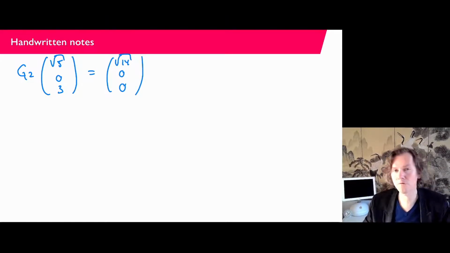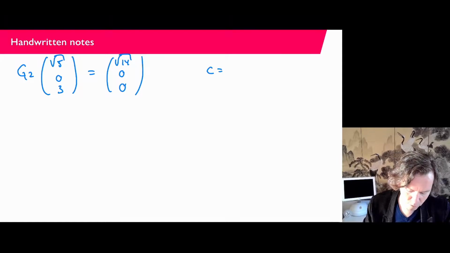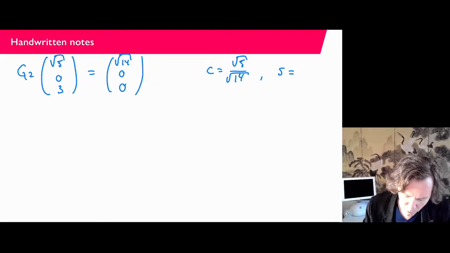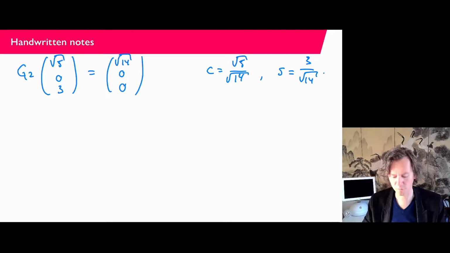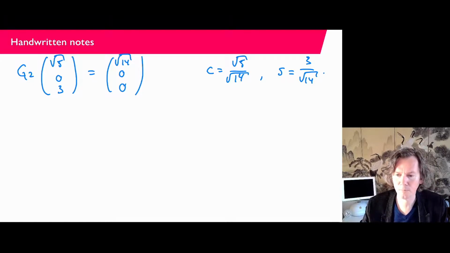Then again you find equations for C and S, and I have computed them: C is the square root of 5 over the square root of 14, and S equals 3 over the square root of 14. Note that C squared is 5 over 14, S squared is 9 over 14, so together they're 1, as it should be.